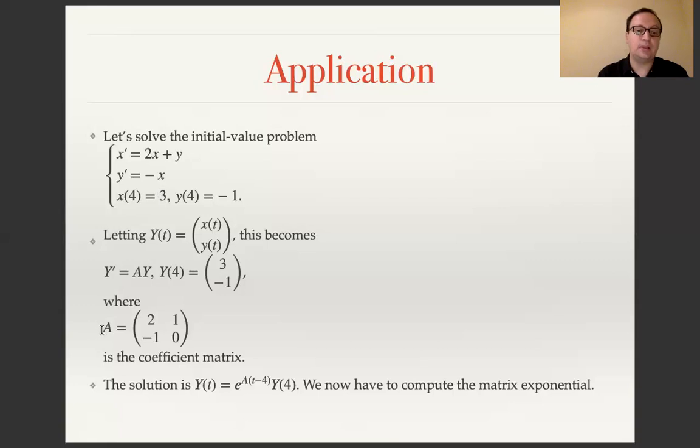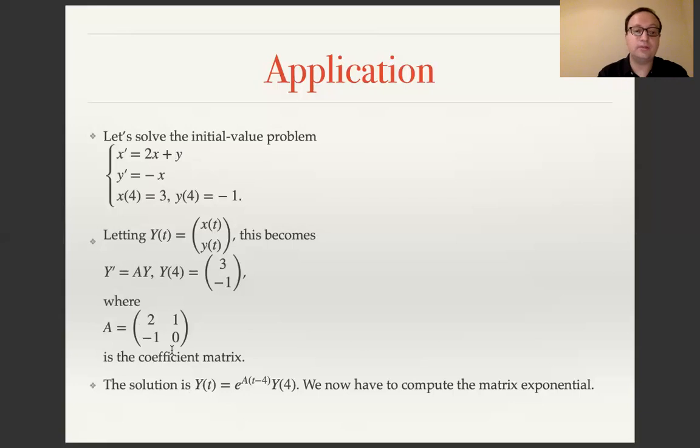And capital A here is the coefficient matrix, so the 4 coefficients are 2, 1, minus 1, and 0. So 2 and 1 come from the first line because we had 2x plus 1 times y. And minus 1 and 0 come from the second line because we had minus 1 times x and then no y, so this means plus 0 times y. So 2, 1, minus 1, 0.